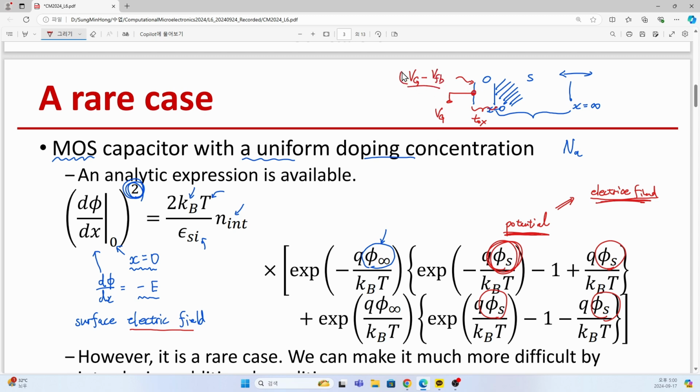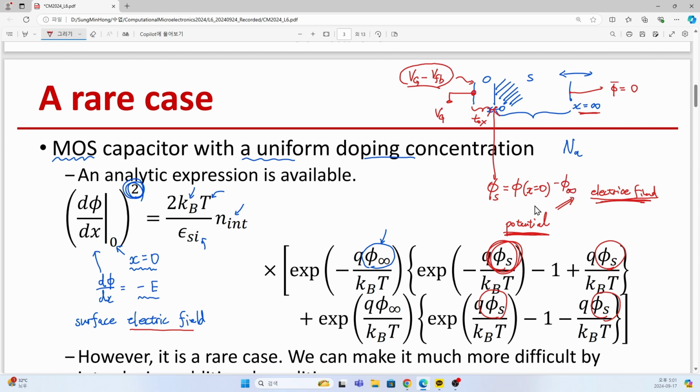With this quantity as a boundary value at the gate side, and with this value as the boundary condition at deep substrate at positive infinity, we were able to calculate this surface potential, which is defined as the surface potential minus the potential at deep substrate.